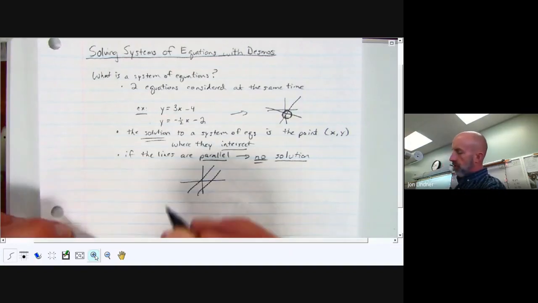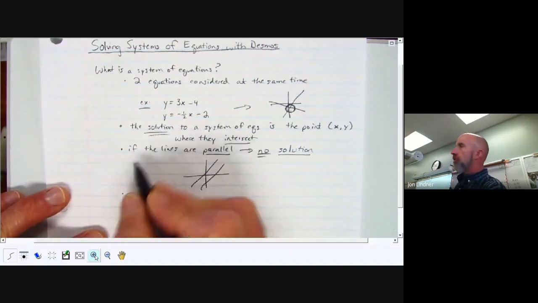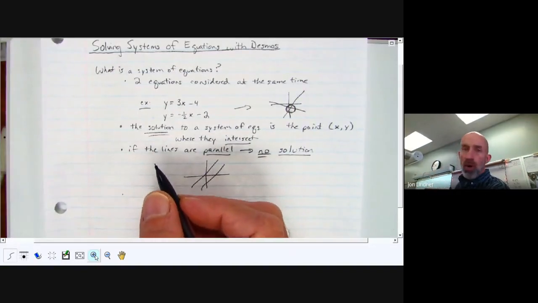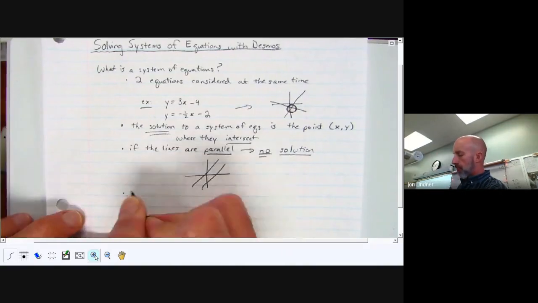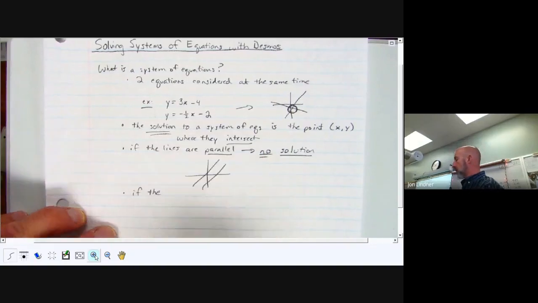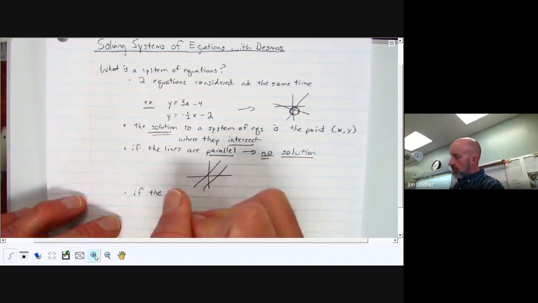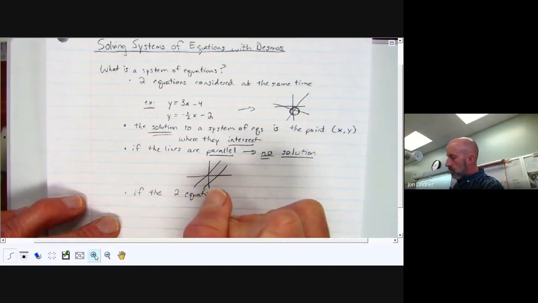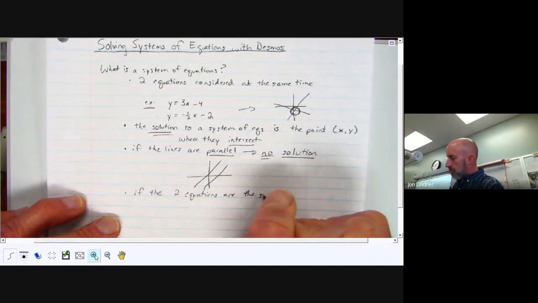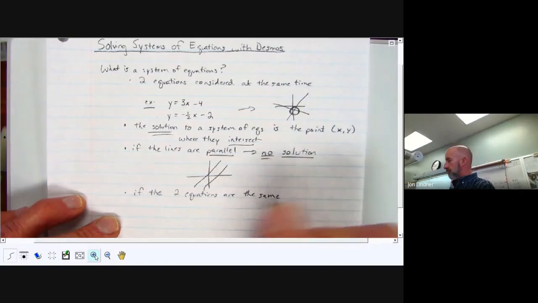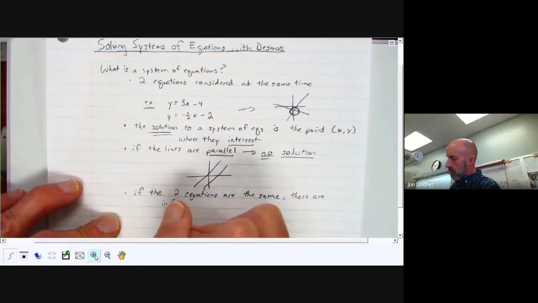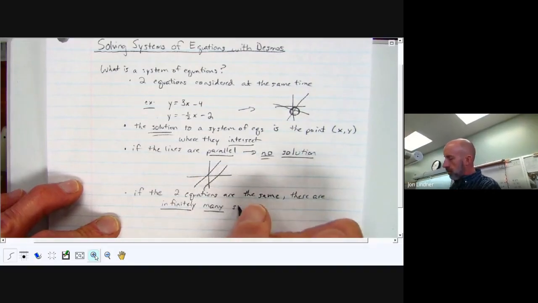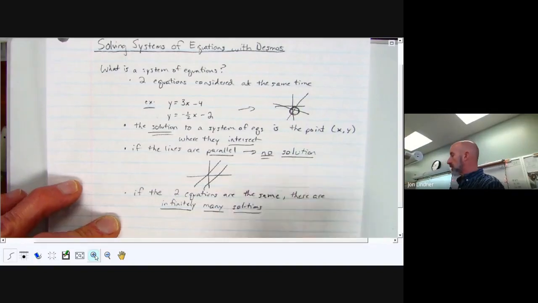One other situation. The two lines could be the same equation, but maybe you can't tell it when you graph them. What do I mean? If the two equations are the same, there are infinitely many solutions.